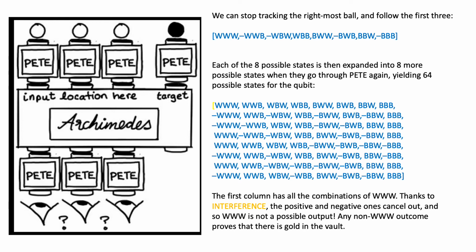And although we can't see what's happening inside the Archimedes box, we can see the interference pattern happening. And because that interference pattern is happening, we can infer certain things about the problem we're trying to solve.